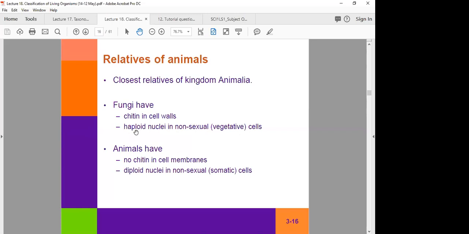What do we mean by haploid? We mean only one copy of each chromosome within the nucleus, whereas animals have what are called diploid nuclei, that is 2 copies of each chromosome in their non-sexual cells, otherwise referred to as somatic cells.